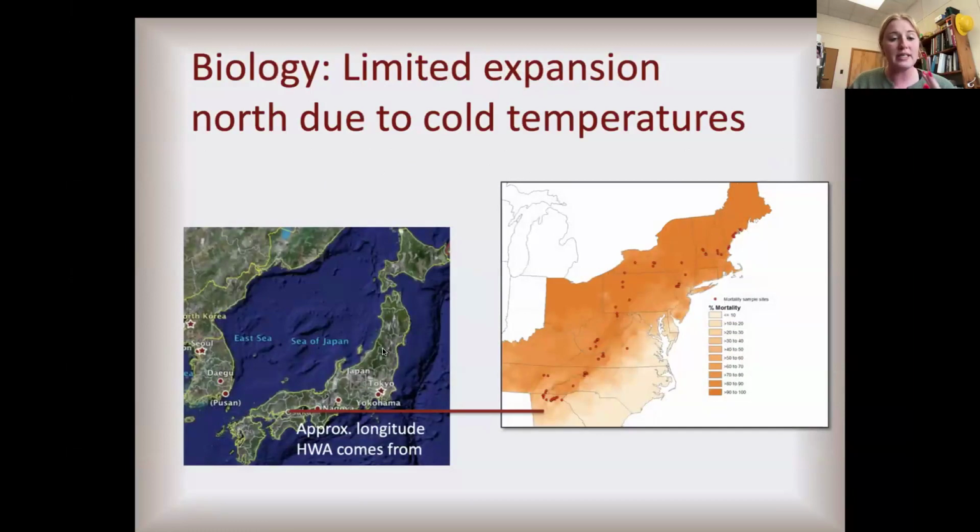And they do have a limited expansion north due to cold temperatures. I mentioned that the HWA strain that we have here came from southern Japan. And if we look at the longitude, it actually lines up with the southernmost range of the native range of our hemlocks. One of the biggest mortality factors of HWA is this moderate to very cold temperature drop.